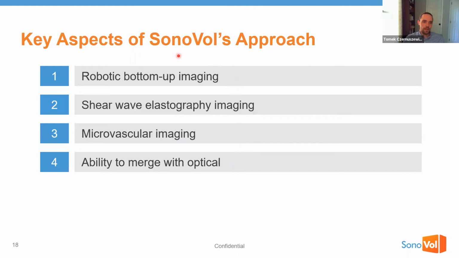So for the rest of the talk, I'll talk about the key aspects of our approach. We'll start with how we're doing this robotic scanning. We'll spend a lot of time on shear wave imaging because this is something that's pretty new and I think will be very powerful. And we'll conclude looking at our microvascular imaging modes, as well as some potential for our technology to merge with optical imaging, like fluorescence imaging, for example.